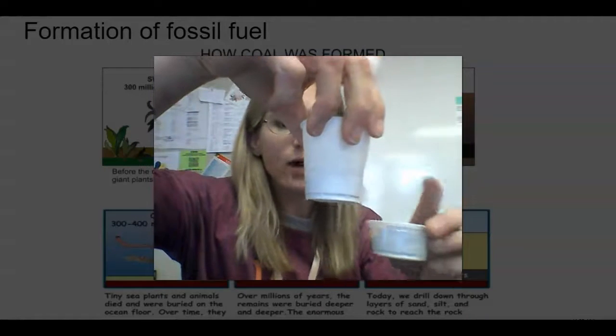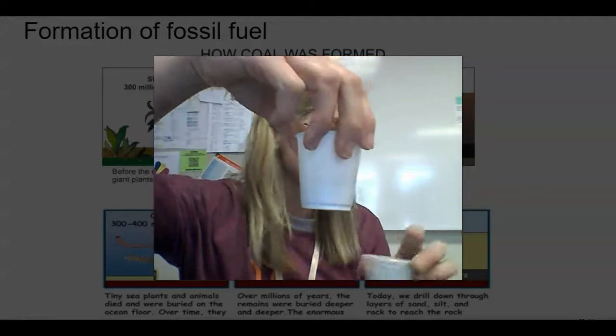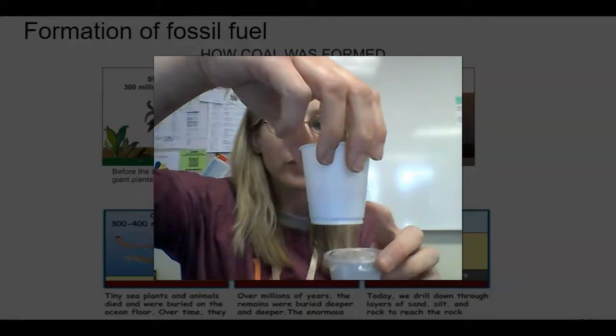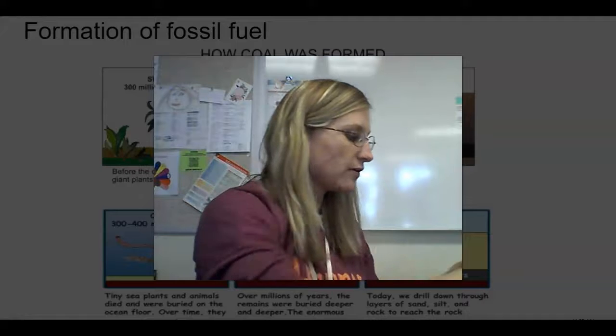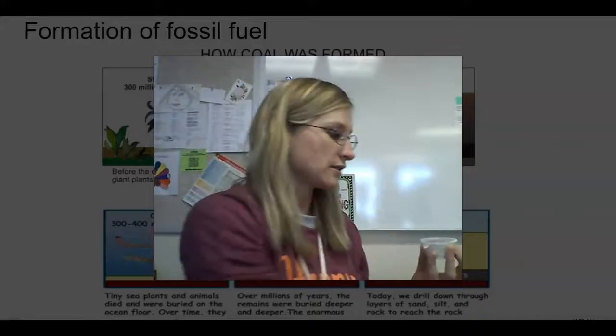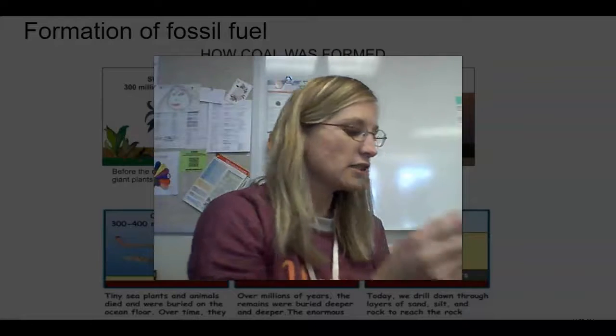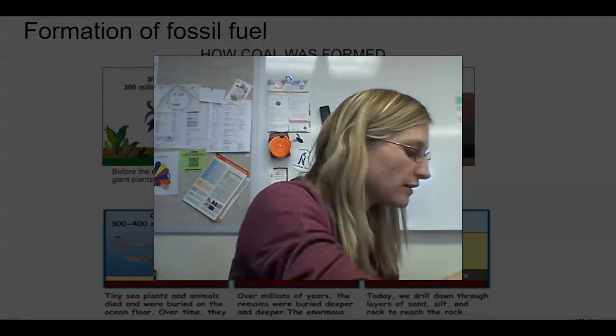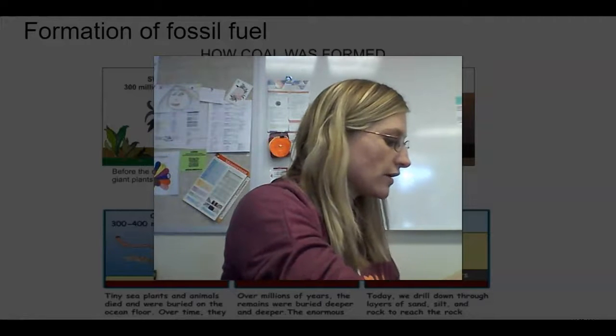So I'm going to use that same water that I just used to show that natural gas and that oil. I'm going to put a spoonful of my plaster of Paris. Just a little small spoonful. I'm going to put it in there, and then I'm just going to stir it around.